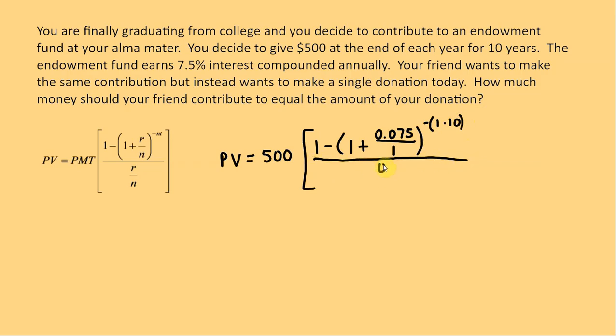And we have the same rate, 0.075 over 1. And if we enter that into our calculator, we should get a present value of $3,432.04, rounded to the nearest cent.